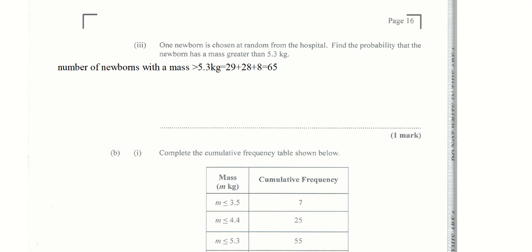Now probability is equal to your desired over your total.